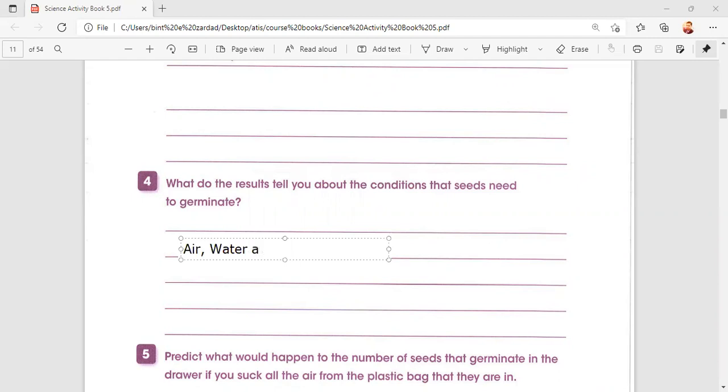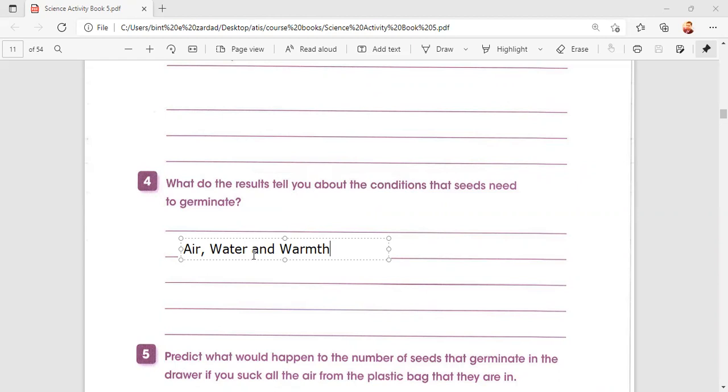And number three, warmth. These are the three conditions. Without any one condition, the seed cannot germinate, whether water is missing, a warm place is missing, or air is missing. So all these three factors are required for seed germination.